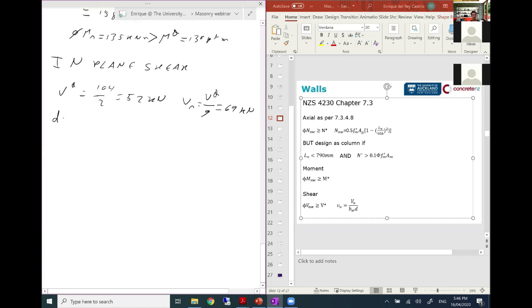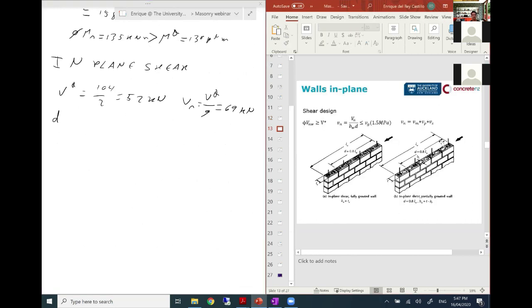My d from here is equal to 0.8 Lw, which is 1120 millimeters. T is 140 millimeters, but my bw, because we have a partially grouted wall, is 60 millimeters.